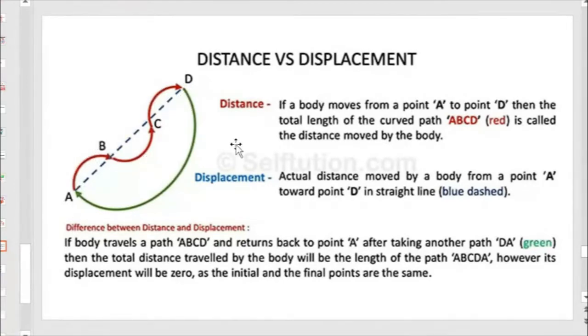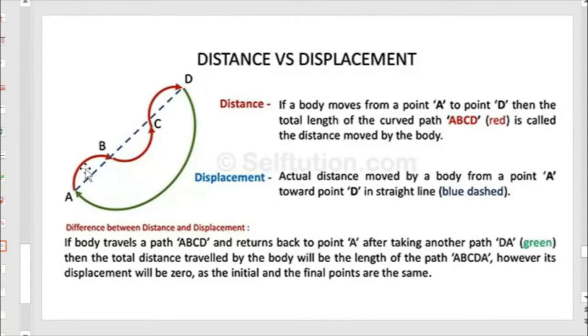But what is displacement? Displacement is the actual distance in a straight line. Let's see the blue dash line one. So the displacement for AB is the straight line A to B, B to C, and C to D. This one we call the displacement.